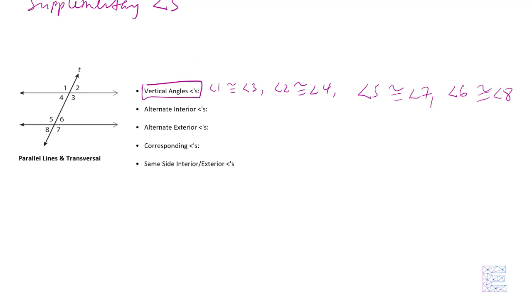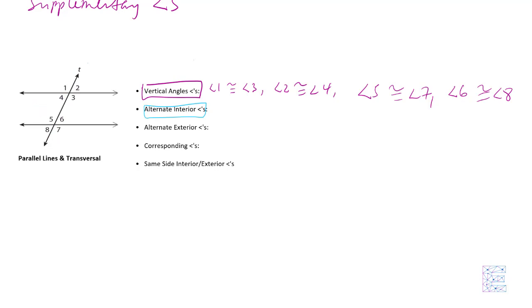The next relationship is the alternate interior angles relationship. Alternating means on opposite sides of the transversal. So if one is on the right side of the transversal, the other one will be on the left side. And interior means it's going to be inside of the two parallel lines in this space right here, not outside of it.